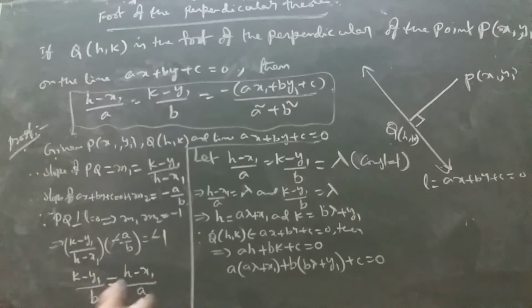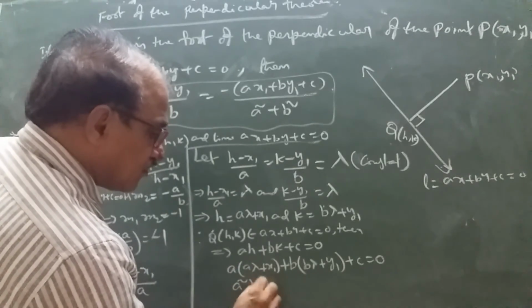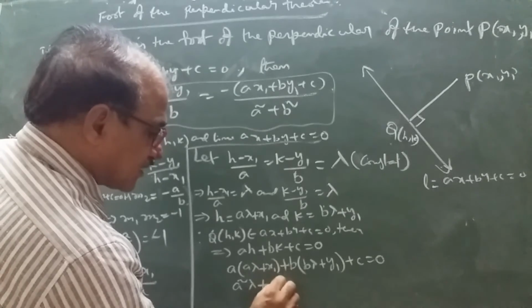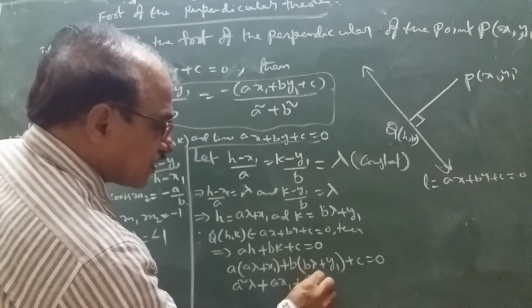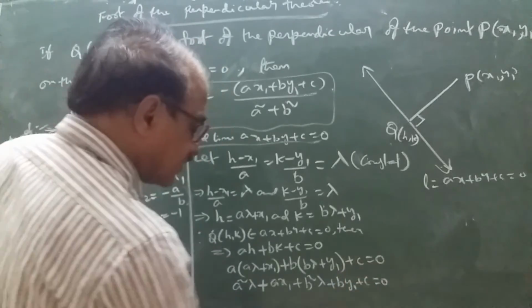By rearranging these terms, a² lambda + ax1 + b² lambda + by1 + c = 0.